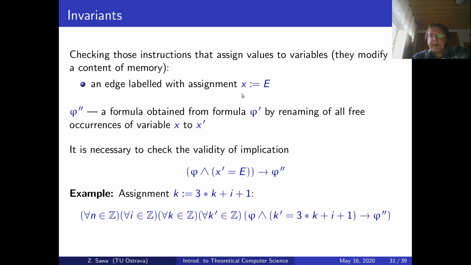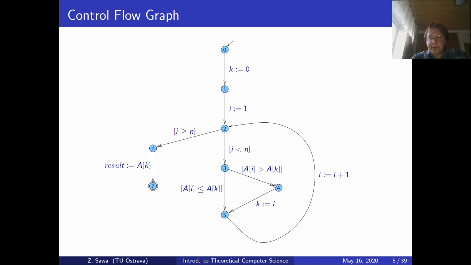So let's consider. For this purpose, I will denote the value of variable x before the instruction just as x, and use x prime for the value of x after the operation. So for example, if I analyze this particular transition, I would distinguish the value k, which would be the value of k in the configuration here, and the value k prime, which will be the value of variable k in the next configuration.